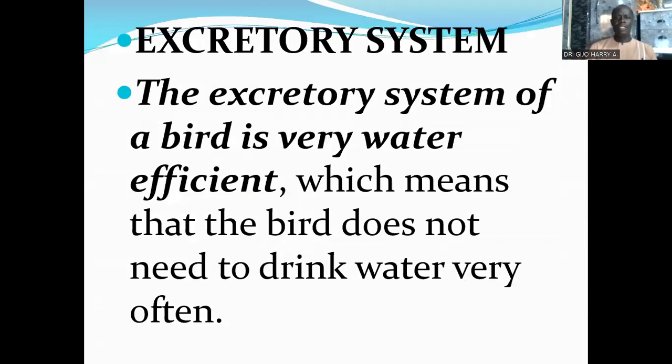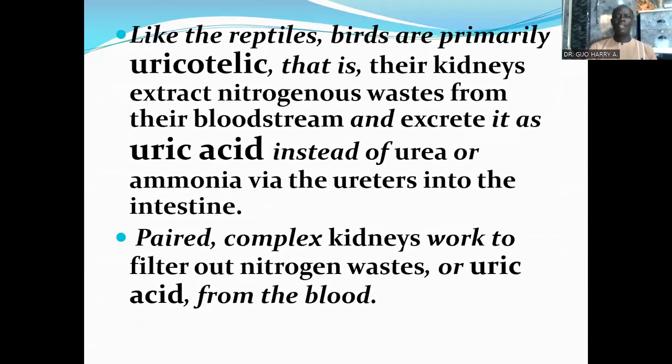Now I want to look at the excretory system of birds. The excretory system of a bird is very water efficient, which means that the bird does not need to drink water very often. It helps to conserve a lot of water, and that is an adaptation for flight. Like the reptiles, birds are primarily uricotelic. That is, their kidneys extract nitrogenous waste from their bloodstream and excrete it as uric acid instead of urea.